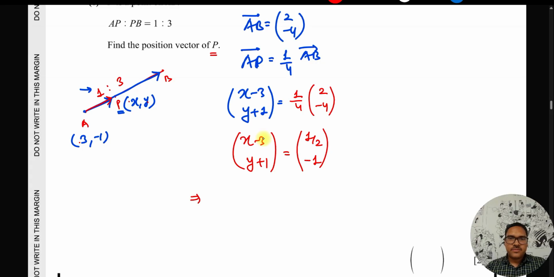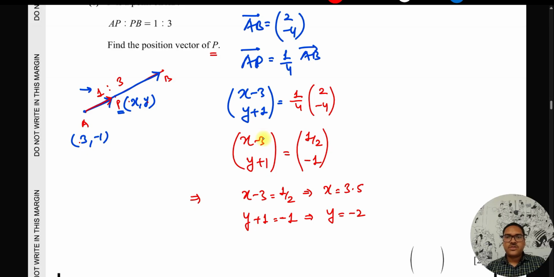So this means x minus 3 is equal to 1 by 2 and y plus 1 is equal to minus 1. So what is x value? x will be equal to 3 plus 0.5, so this is 3.5, and y will be equal to negative 1 minus 1. This is minus 2. So what is the point P? This is 3.5 comma minus 2.